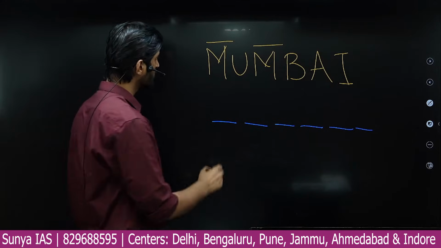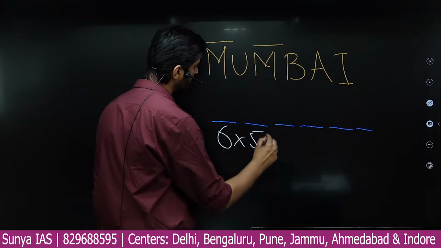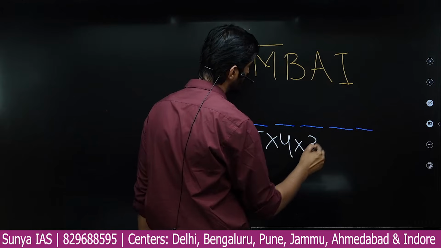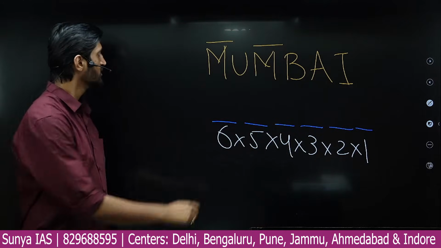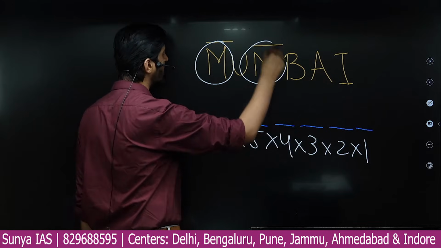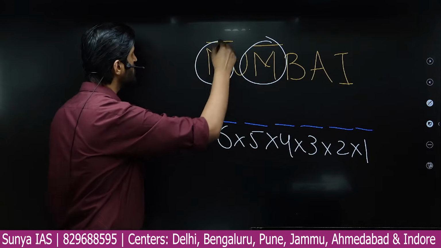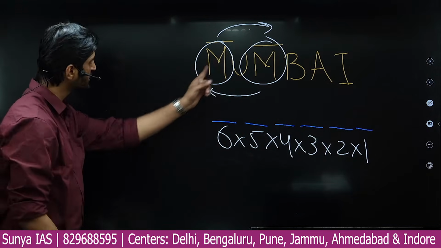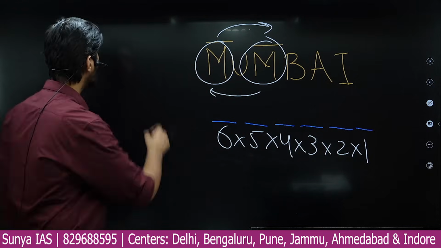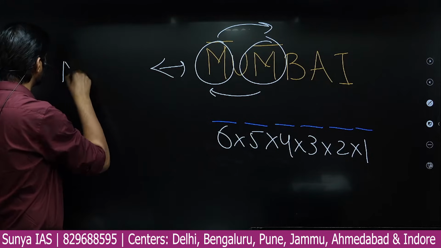At the first place you will be having 6 choices, then 5, then 4, then 3, then 2, then 1. But one thing is there. Since this M and this M are identical, if they change their places, we do not get any new word. If one says that I am replacing this M with this M, again I will be getting nothing but Mumbai.